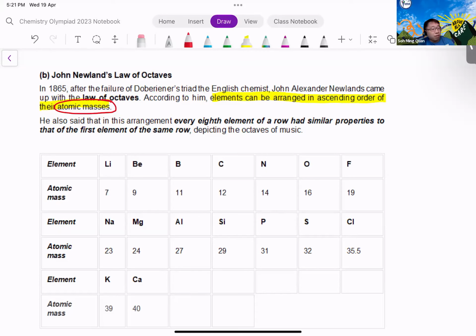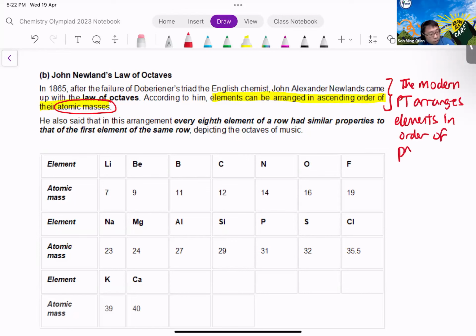The modern periodic table, though, does not arrange elements in order of increasing mass. The modern periodic table arranges elements in order of proton or atomic number.